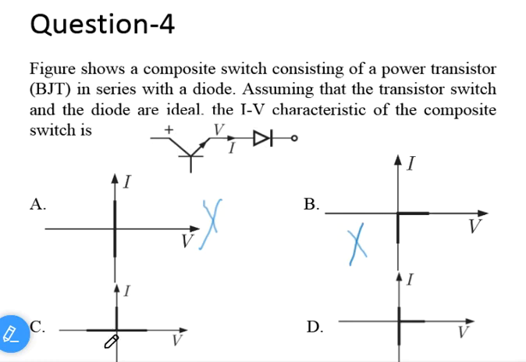Now, C. It shows that it can block positive voltage and negative voltage, and allow positive current. That is nothing but this combination, as discussed earlier, which represents this characteristic. The other choice shows it is allowing negative current, which is wrong. Therefore, C is the right choice.